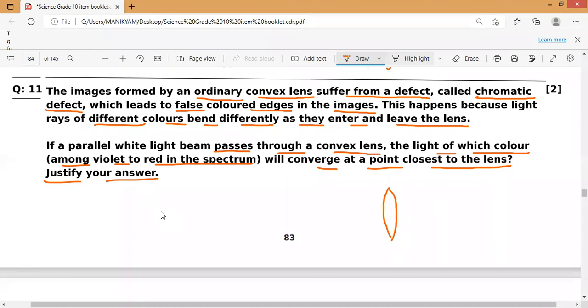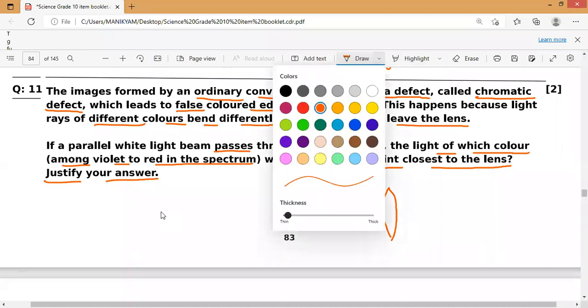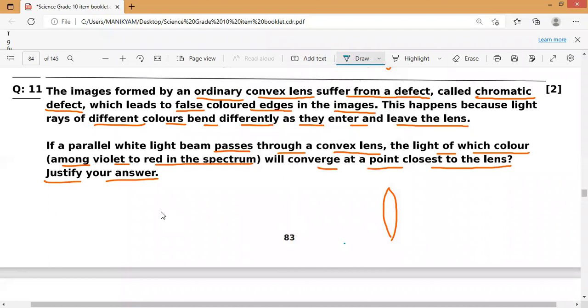If I take a white light or a parallel beam of light, this is a line which is passing through the optical center. What is that called? It is called the principal axis.